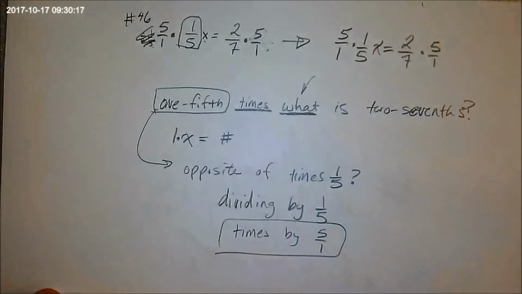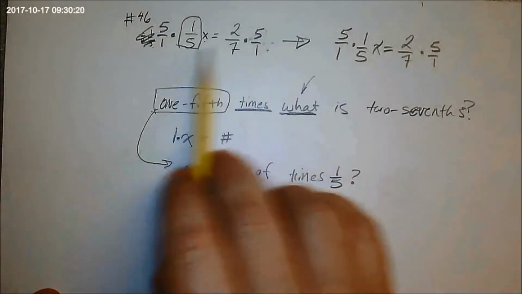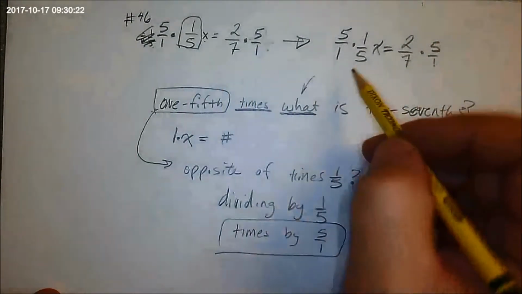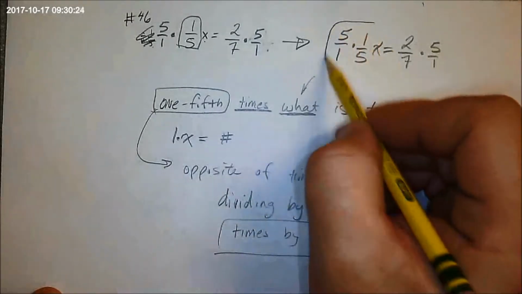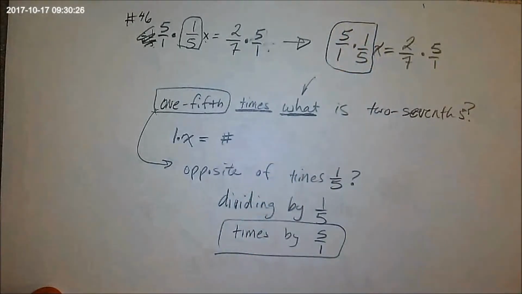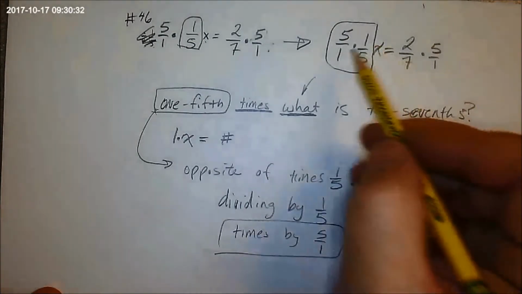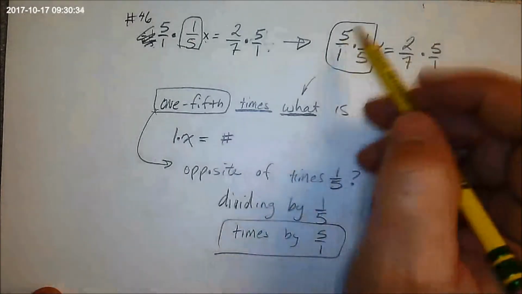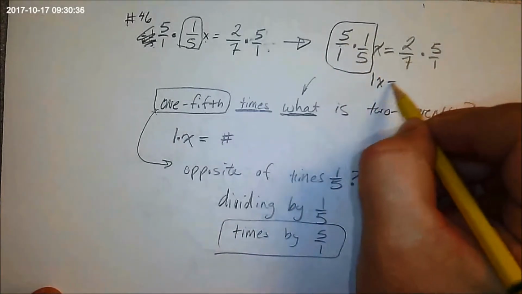Okay. So I just rewrote it so it'd be a little cleaner. My question for you is, what happens with this? Tell us, Alyssa. It becomes 1, right? Because 5 times 1/5 is just 1. So it's 1 times x equals what?